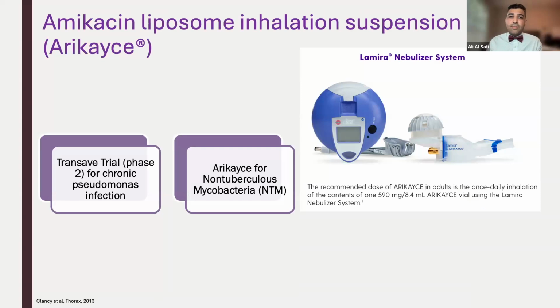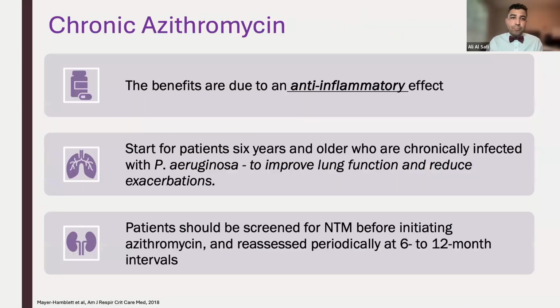Amikacin is really exciting because it works for Pseudomonas based on the TRANSFORM trial and also works for NTMs. It's a great option for NTMs and uses a nebulizer system to help clear NTM.